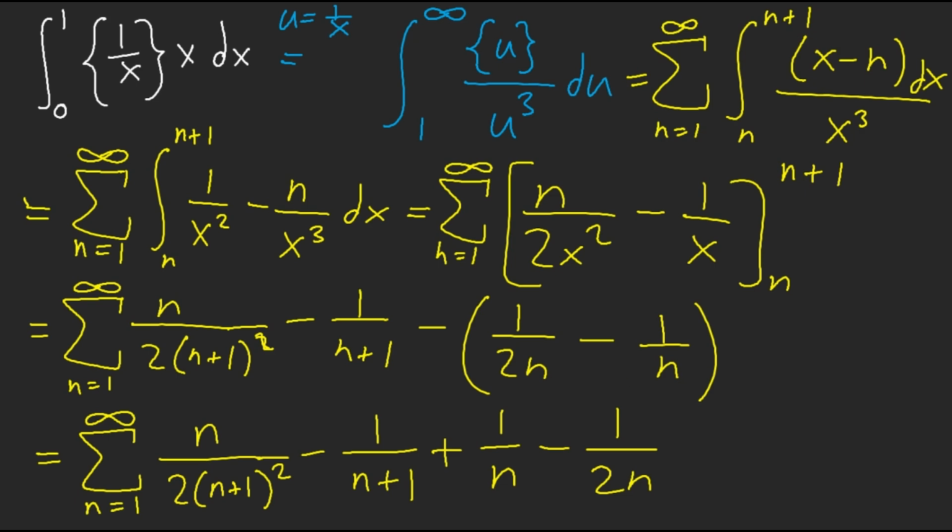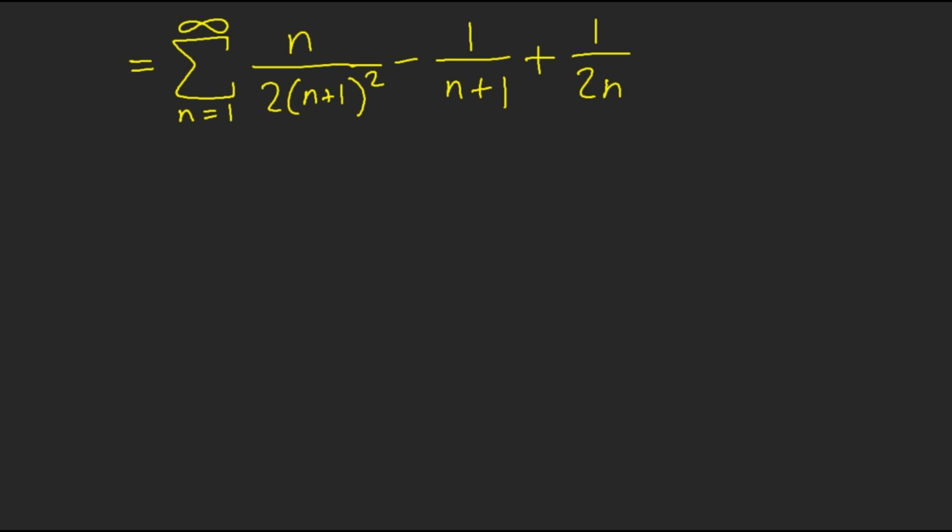Do I want to combine that? I don't know if I want to combine that. I guess I'll combine it. So this would leave off as plus 1 over 2n, because 1 minus 1/2 is 1/2. What on earth do we do with the sum?